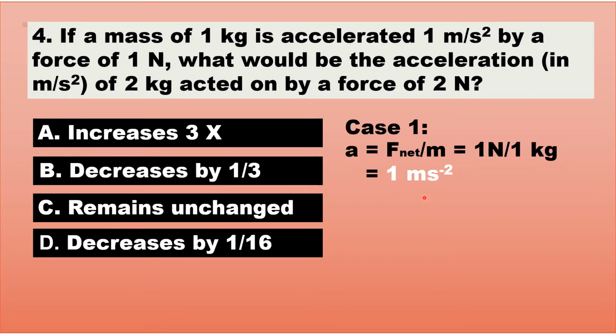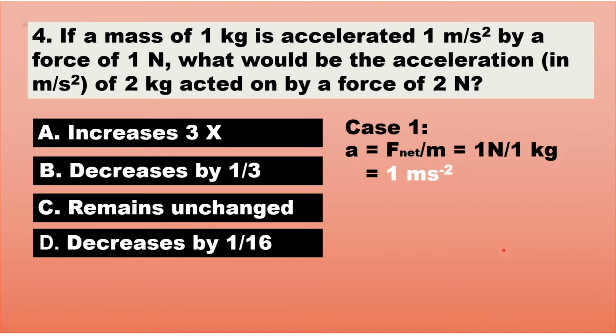Now, what would be the acceleration of twice the mass? That means a mass of 2 kilograms, which is acted upon by twice the force, 2 newtons. What would be the acceleration? Will it be different?